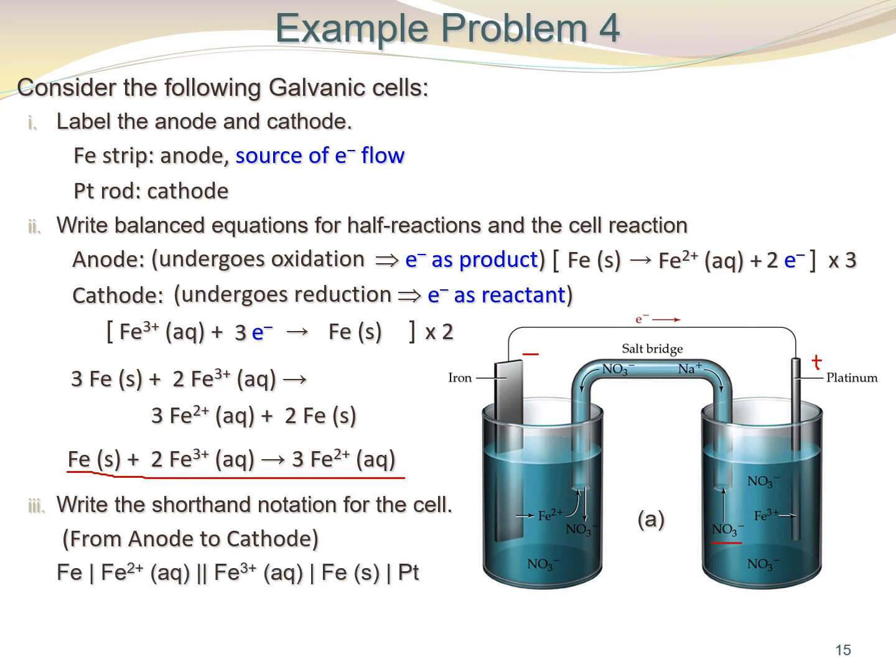We have in the solution iron 3+, and here I want you guys to notice we have iron deposit on the platinum. There's a phase boundary because we have a solid coated on a solid. There's an edge that we can actually see. So please don't forget there's a boundary between the two solids.